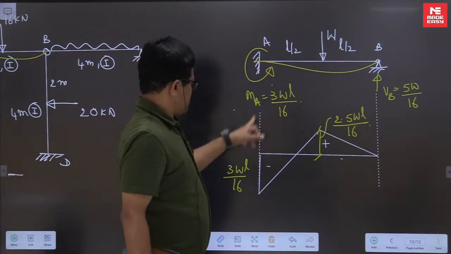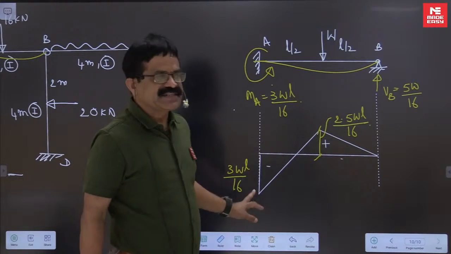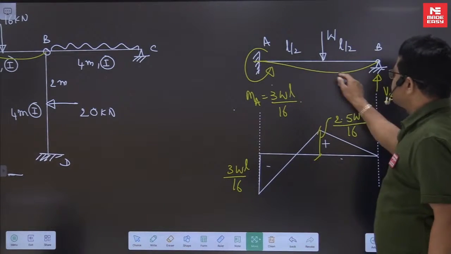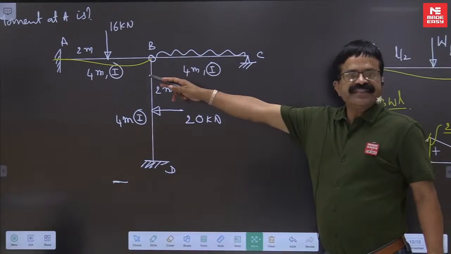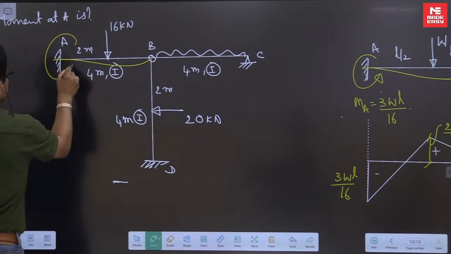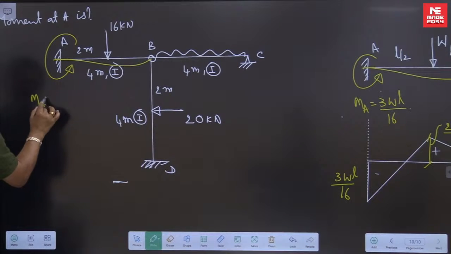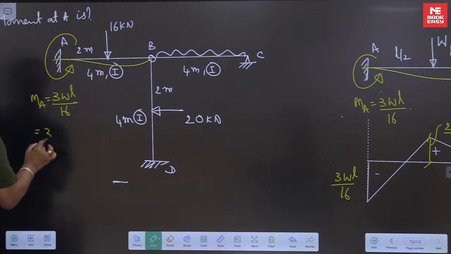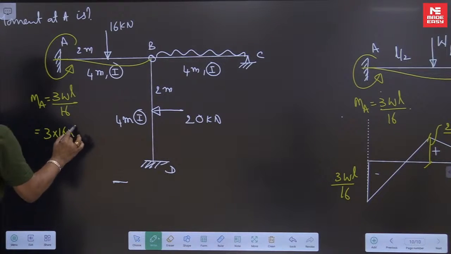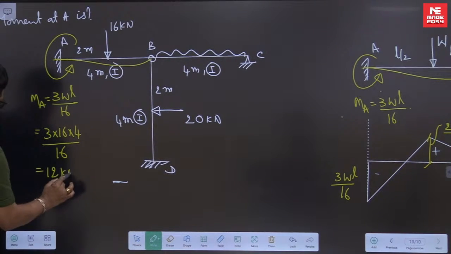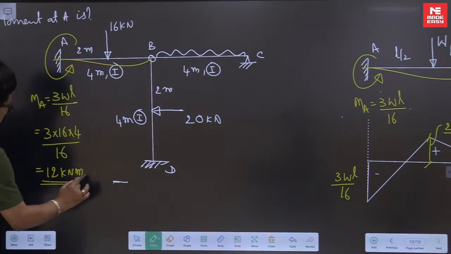VB into L minus WL by 2, you will get 3WL by 16. If the deflection profiles match, you see that profile is the same. So directly we can write the moment here, MA. Three into W into L, that is 3 by 16 times 4. That's all.